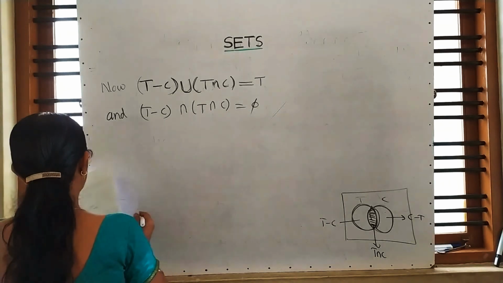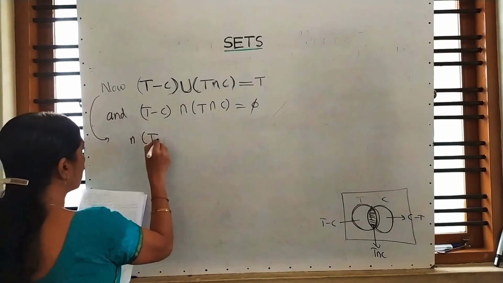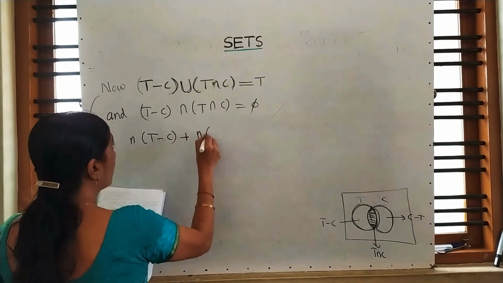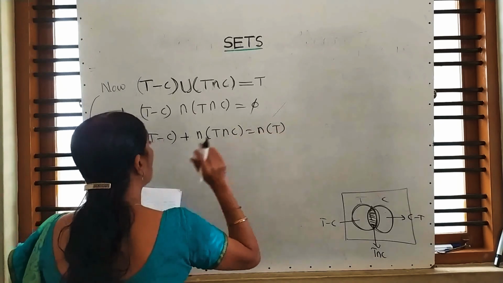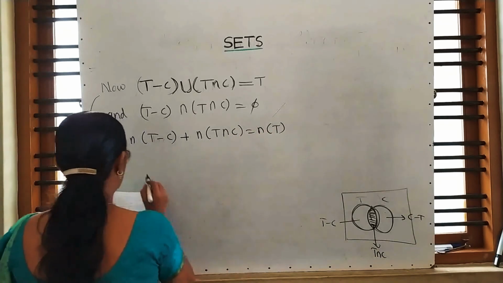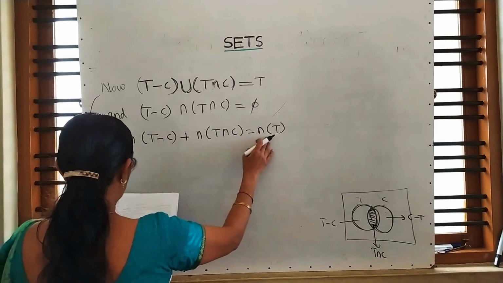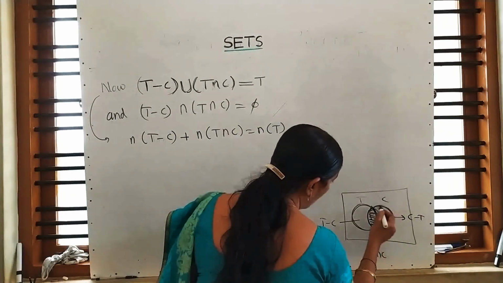Now for the first one, if you apply number of elements in T minus C, union changes to plus, number of T intersection C is equal to number of T. That means those who like only tennis. So T minus C is the number of students who like only tennis.